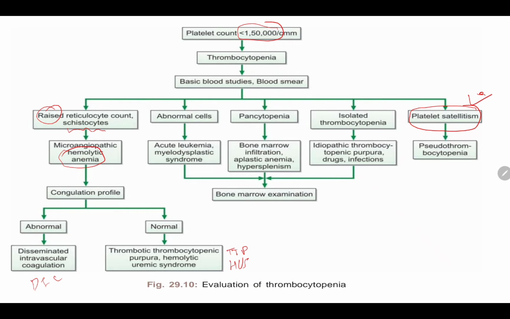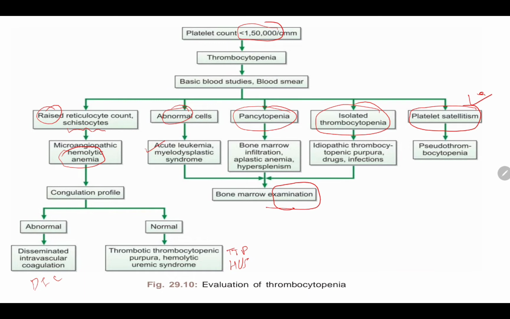Now, the other conditions: if on peripheral smear we can see any abnormal cell, or CBC shows pancytopenia or isolated thrombocytopenia, we have to do further examination to rule out the causes, which is the bone marrow examination. On bone marrow examination, if abnormal cells are seen, then it might be due to acute leukemia.